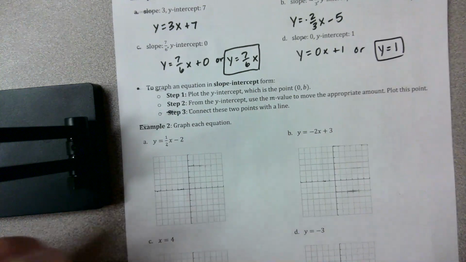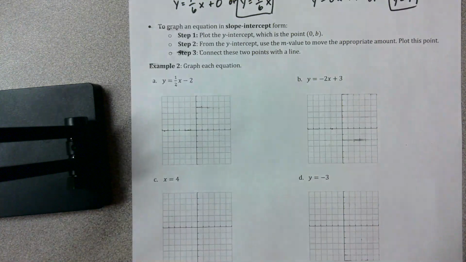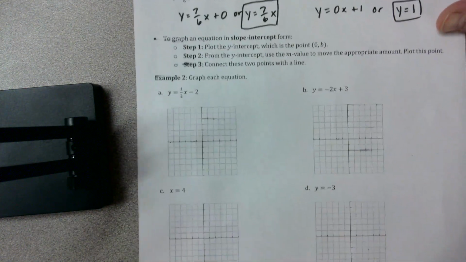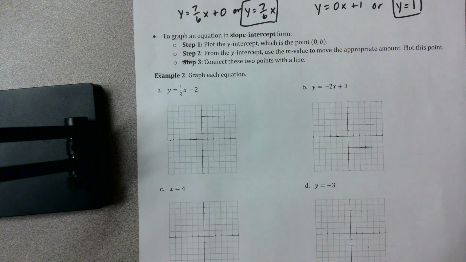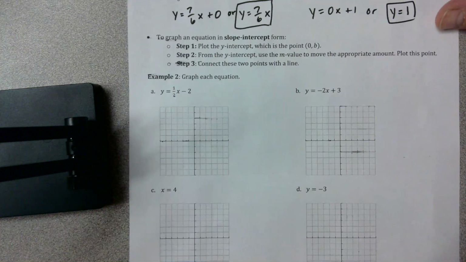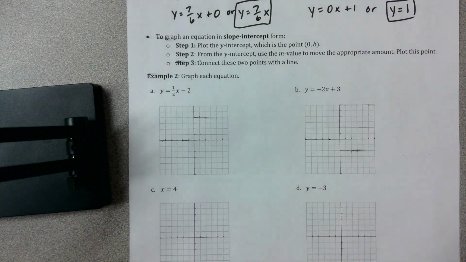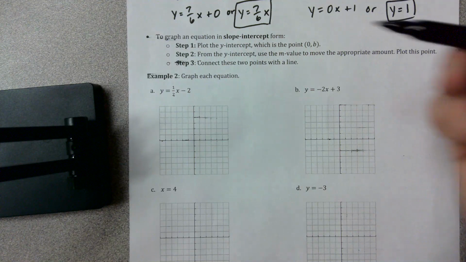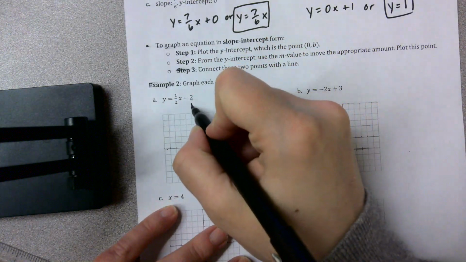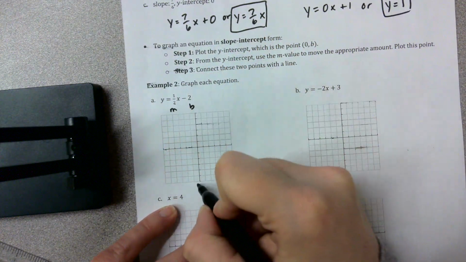All right, so now we're actually going to graph these equations. Last time we used a table of values, and we used x and y intercepts. But now we're just going to graph using a y-intercept and a slope. Your y-intercept is where you cross the y-axis.